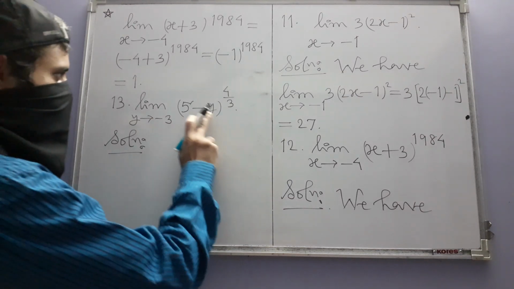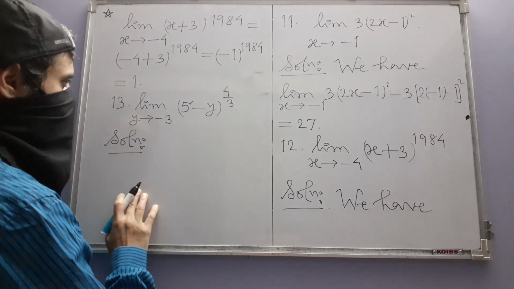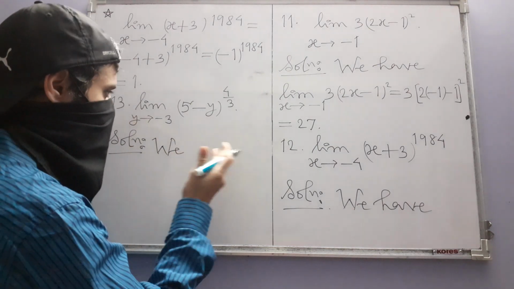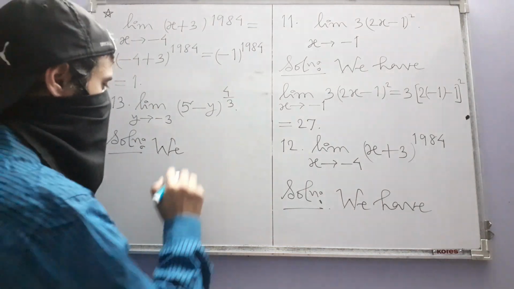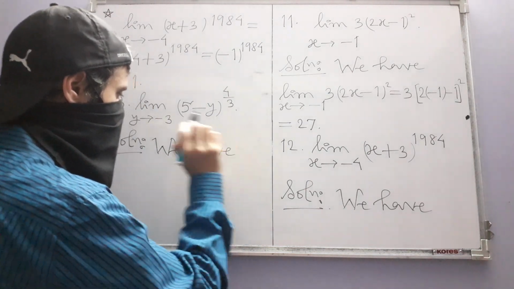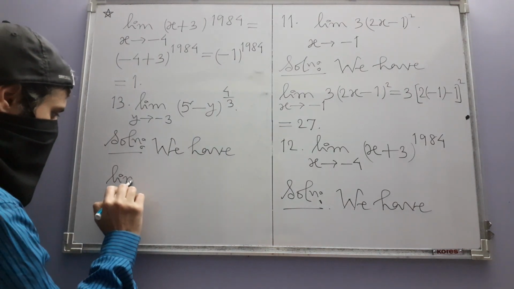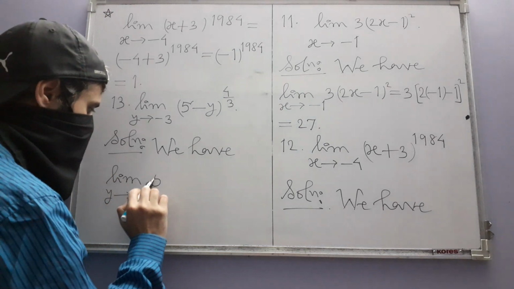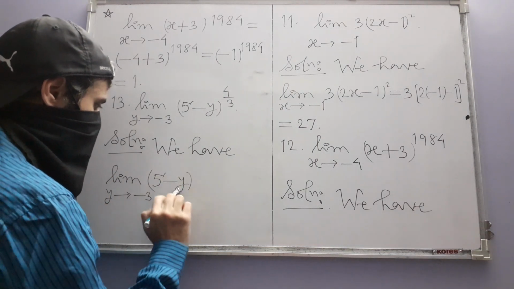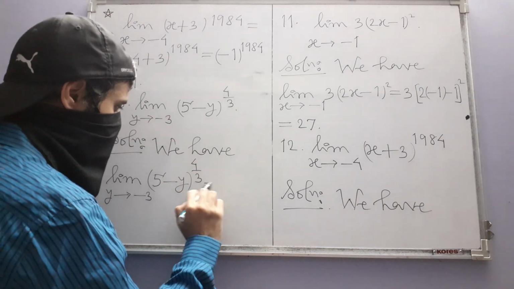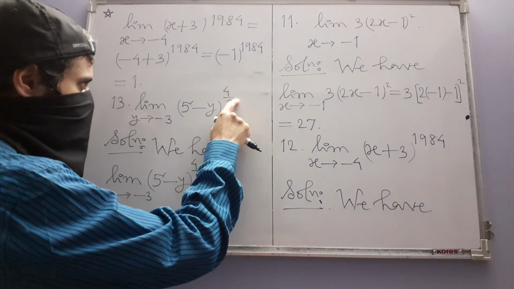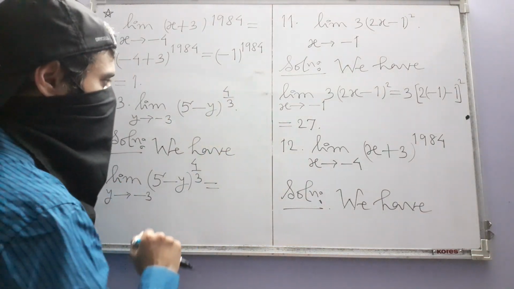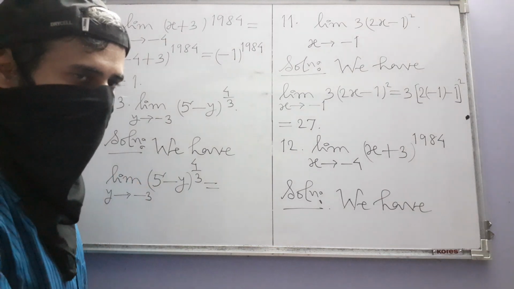But from the graph of this function, you can of course conclude this, like what we did previously also with many functions. If we had only 4 here, say, that would have been a polynomial, but we have 4 over 3.